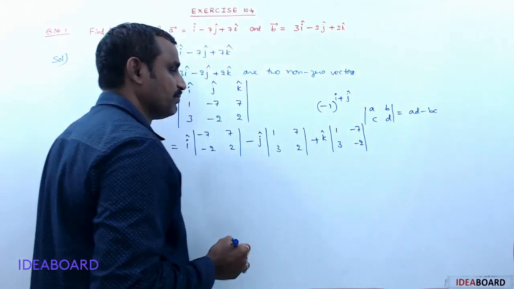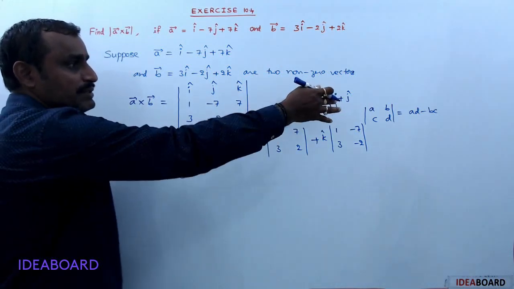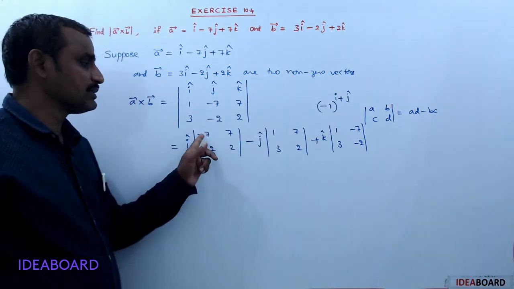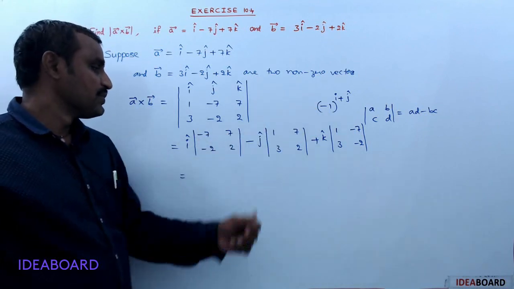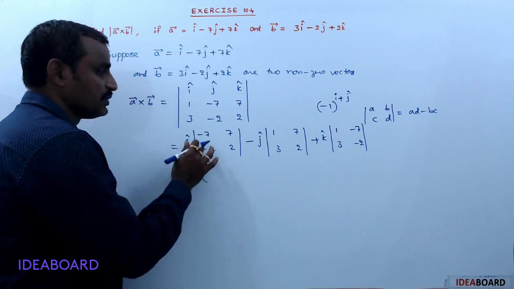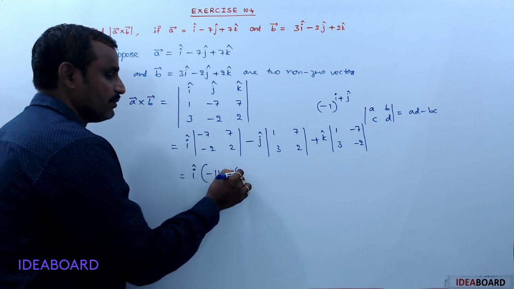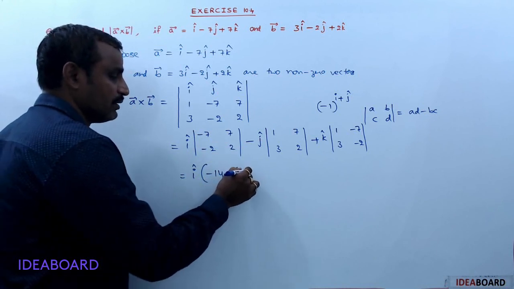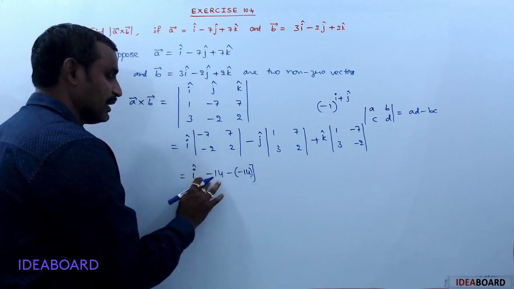So now this is equal to AD minus BC, every 4 elements you can consider A, B, C, D. So now apply the AD minus BC form. So now the i cap coefficient is minus 14, minus of minus 14.